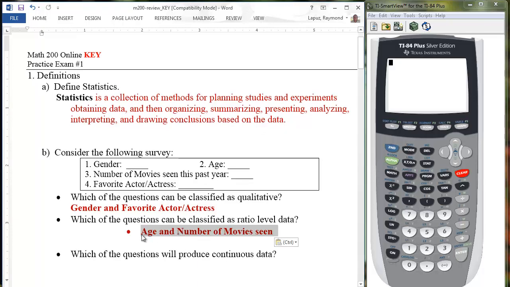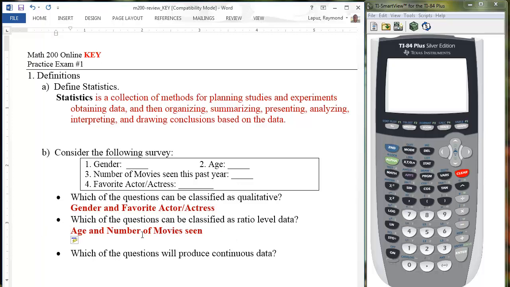Another way to look at data that has a natural zero is to see if you can compare two pieces of data and say that one is twice as large as the other. So if you look at somebody who's 10 years old and 20 years old, you can say the 20-year-old is twice as old as the 10-year-old. And same for the number of movies seen. So that's the ratio level data.